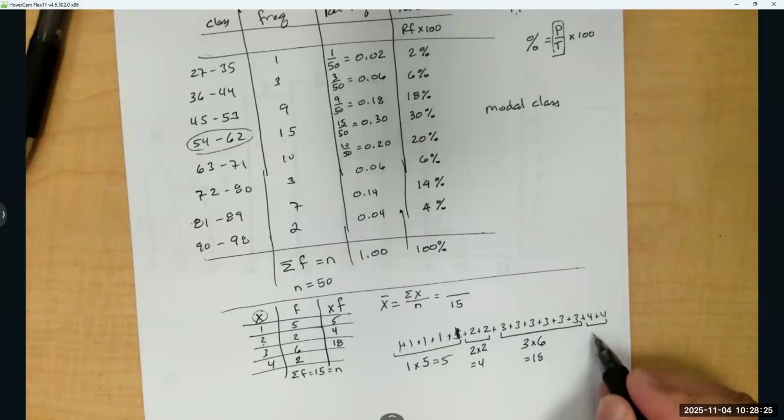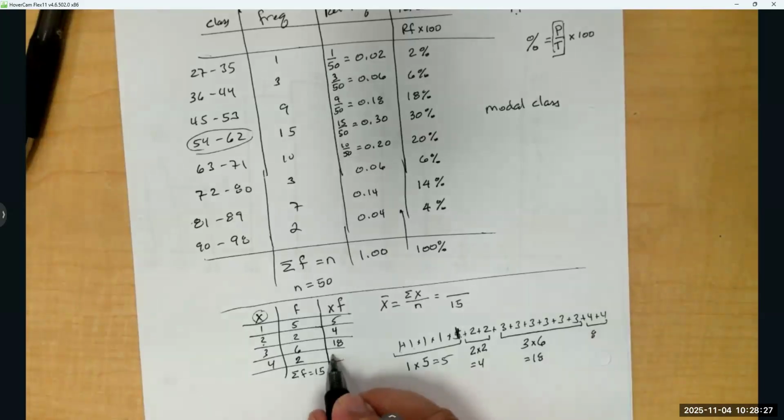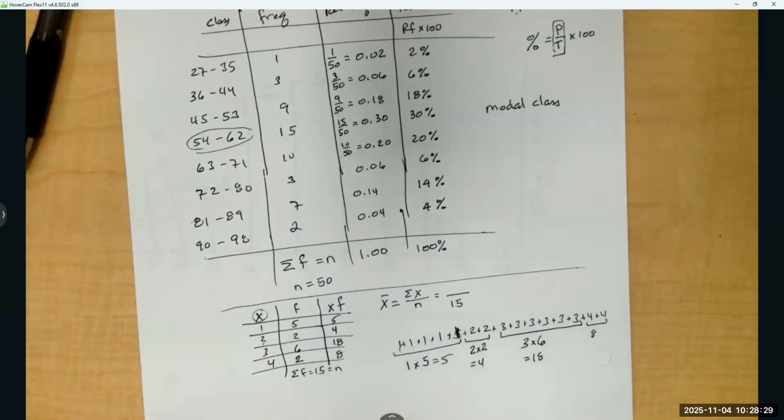And then 4 plus 4 is 8. So that's 4 times 2 is 8. Whenever you have frequencies, you no longer count each one of these separately. You multiply each element by how many times it occurs.